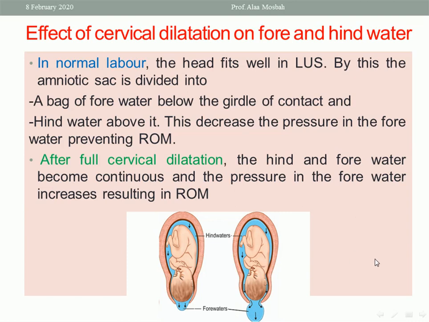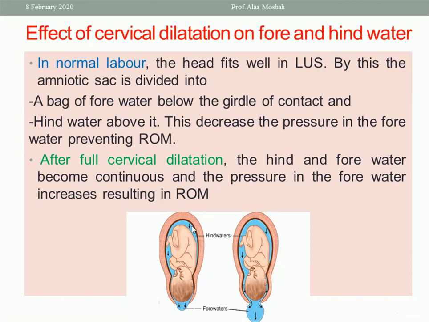Effect of cervical dilatation on the fore and the hind water. In normal labor, the head fits well in the lower uterine segment. By this, the amniotic sac is divided into a bag of fore water, this one, and hind water above. The bag of fore water is below the girdle of contact here, and the hind water above it.